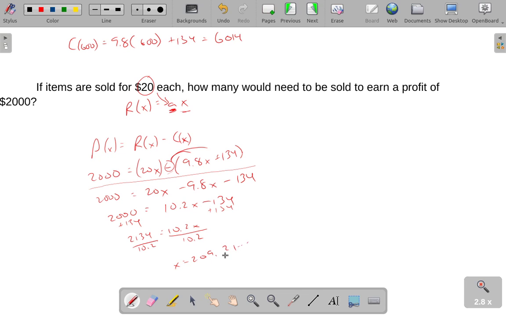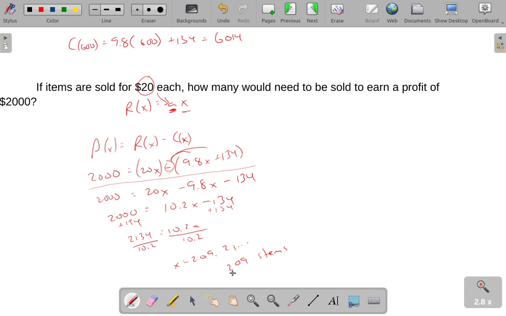Whatever. I'm going to go ahead and call this 209 items. An argument could be made to say that you'd want this to be 210 items, always rounding up to make sure your profit is at least $2,000. I'm comfortable with it being close enough to $2,000 there.